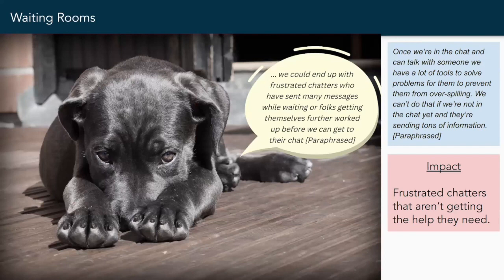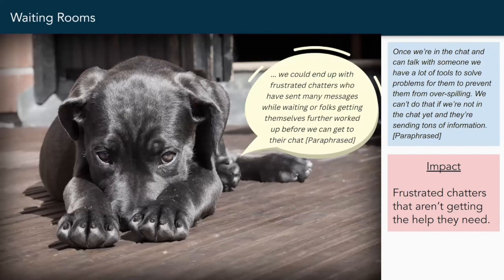But I also know that it can be quite a hassle on the agency to try to organize, and so that's why we have some common considerations. One of them is the waiting rooms piece, because with chat, a lot of the time the expectation people might have is that as soon as they chat, they're connected with somebody.